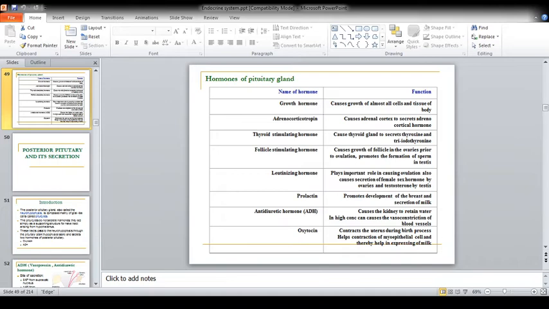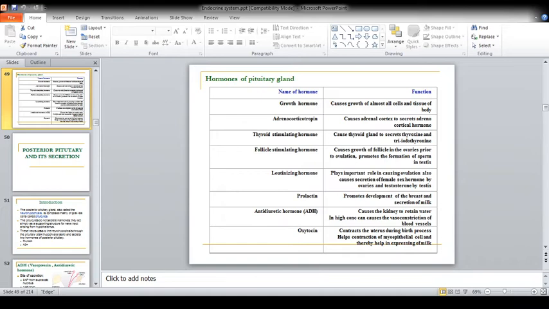Then there are other cells which are known as corticotrophs, which release adrenocorticotropin, or adrenocorticotrophic hormone. The growth hormone is secreted via the action of growth hormone releasing hormone that is released from the hypothalamus, which acts on the pituitary and then releases the growth hormone.